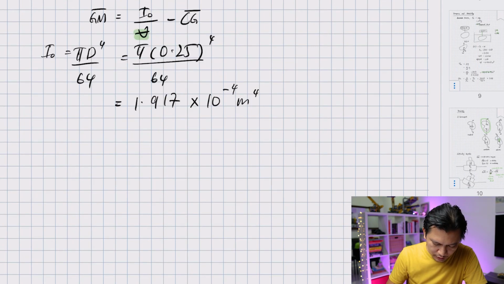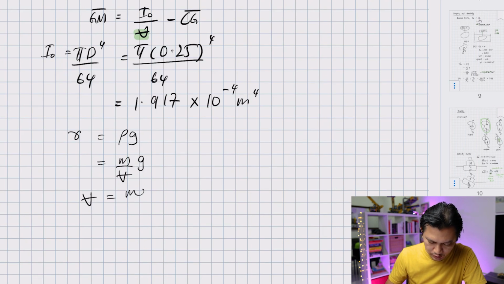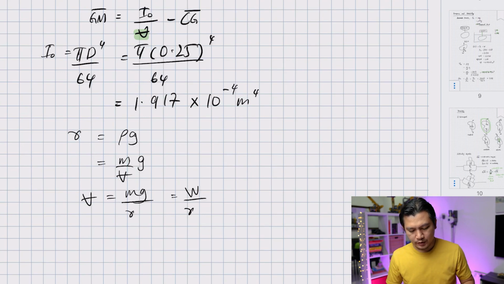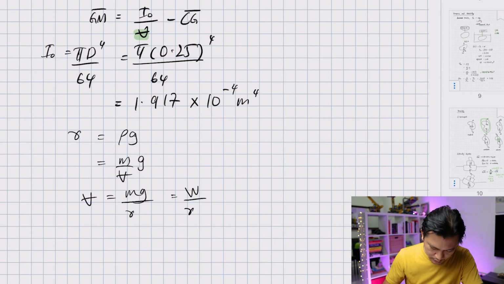To find volume, we know that gamma is equal to rho g and rho is equal to m over V, so gamma is m g over V. So V is mg over gamma, and this is simply W over gamma. And because we are looking for the displaced volume, this is V displaced. W must also be the W of the displaced water.